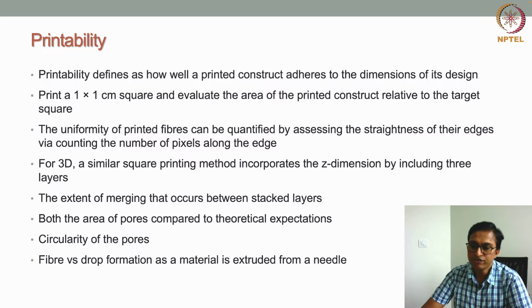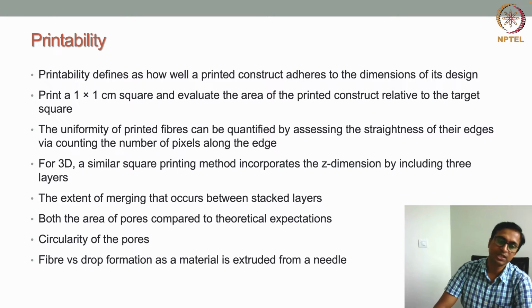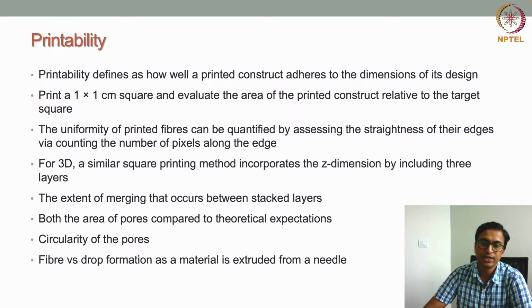If they are very different, then the printing fidelity is not that great. So if the pores are becoming circular, that is also not a good sign. That tells us that the bioink is not printable with the set of conditions where you are trying to print it.